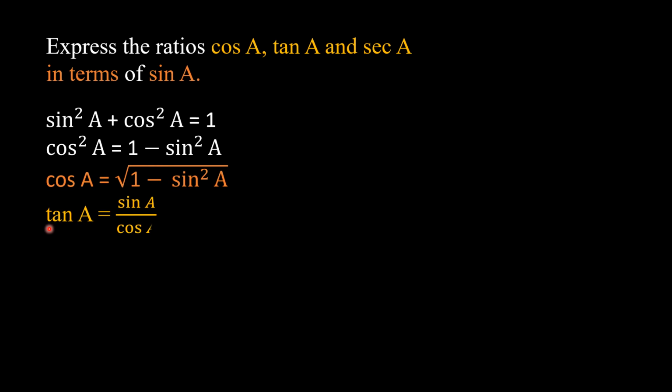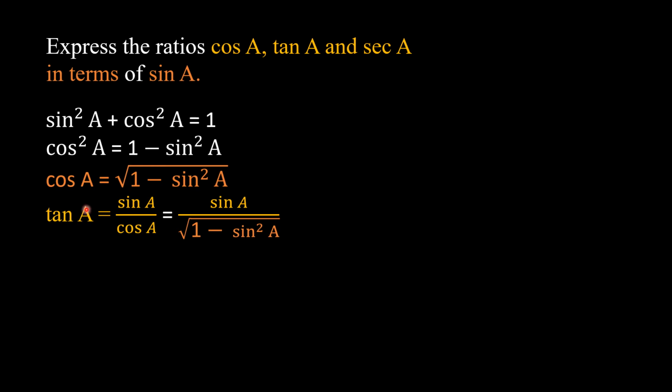Next we have tan a equals sin a divided by cos a. Here we write for cos a under root 1 minus sin square a because we have just found out cos a equals under root 1 minus sin square a.